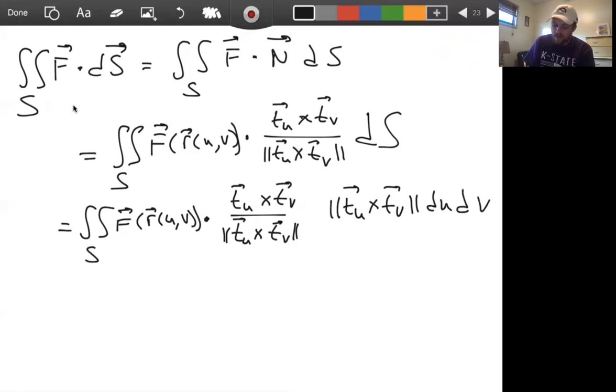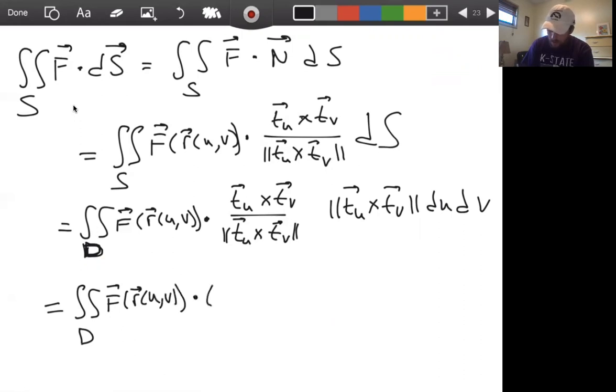And when I pass from dS to the magnitude of Tu cross Tv du dv, I need to pass to the parameter domain D, the bounds for u and v, as the bounds of integration. You can see we get cancellation. That magnitude will be non-zero because we're looking at a smooth parameterization. And so this becomes the double integral over the parameter domain D of F of R of u,v dot product Tu cross Tv du dv.